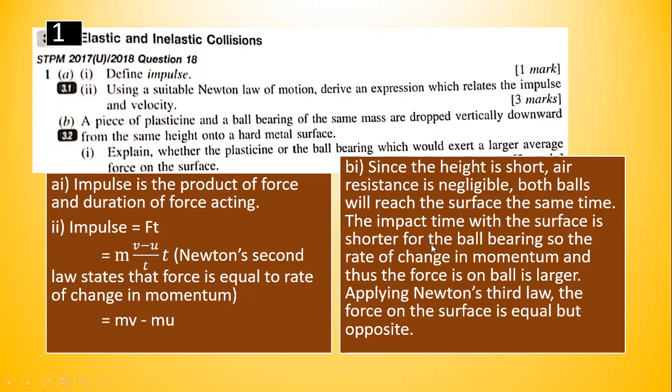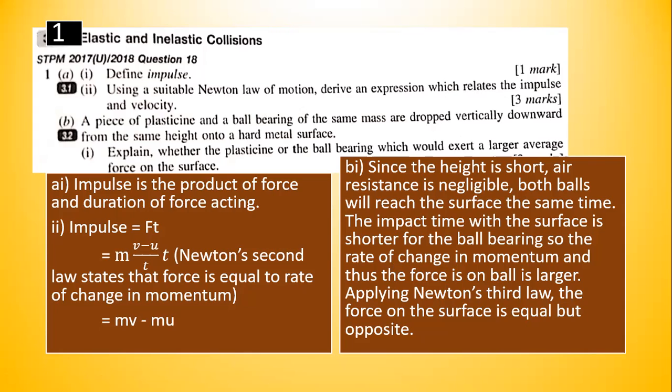But what is happening? The ball bearing, right? The impact time with the surface is shorter for the ball bearing. Right? So you are using what you have here. Shorter time for ball bearing. So the rate of change in momentum and thus the force on the ball is larger.